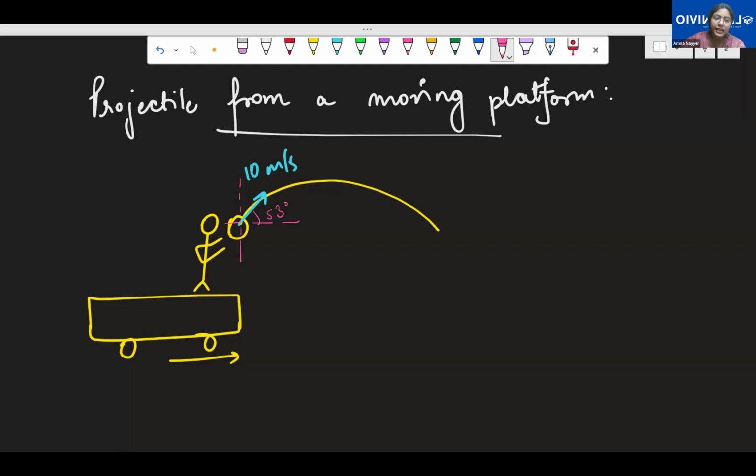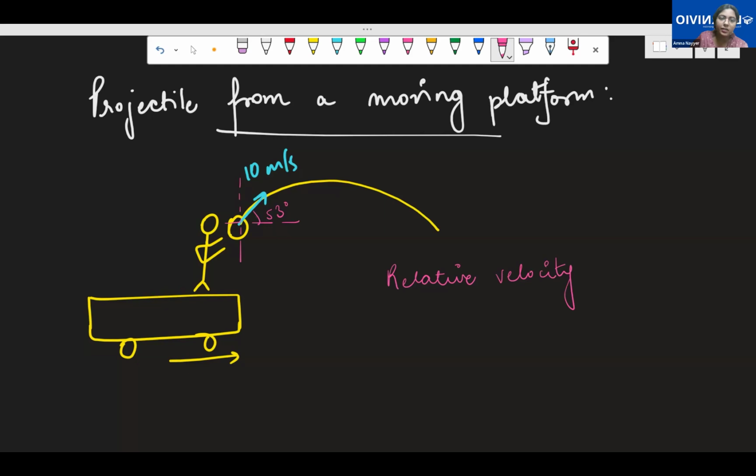Now, if you are asked to calculate anything in this situation, the thing that you'll have to do first is apply the whole concept of relative velocity.